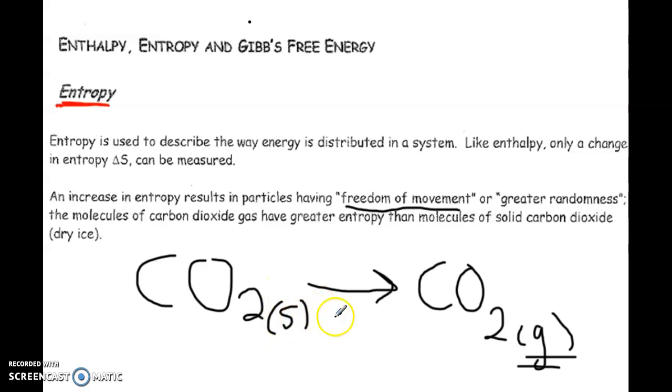Because there is an increase in movement, there is an increase in the entropy of the system, or you can say it has a positive delta S. There is more disorder or more movement in the products than in the reactants.